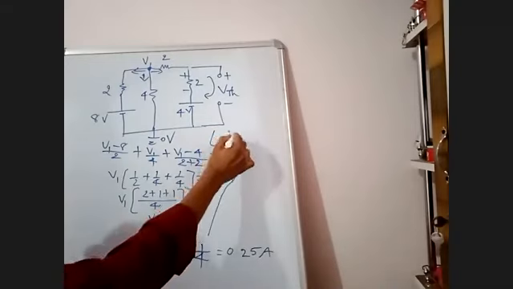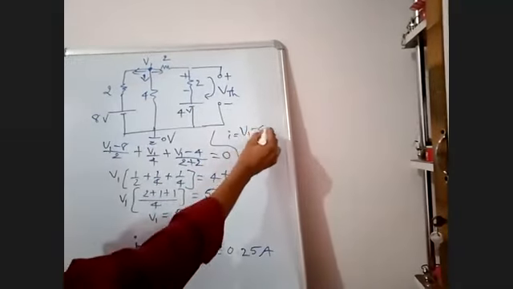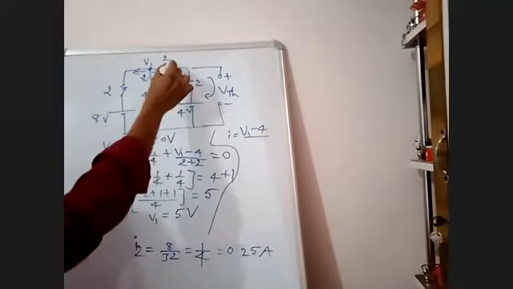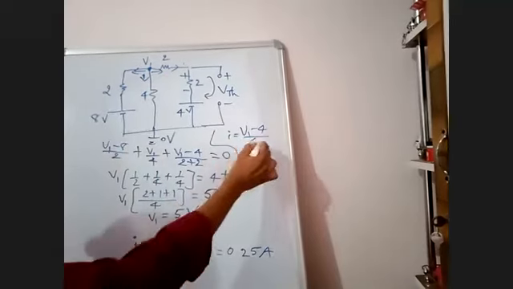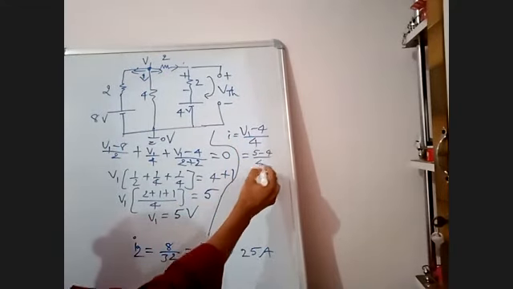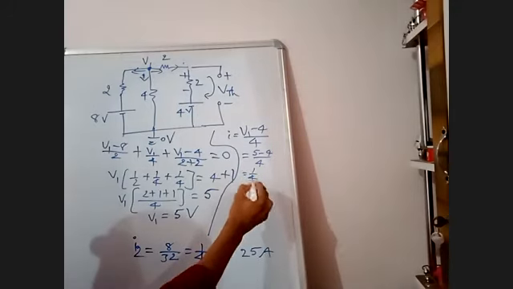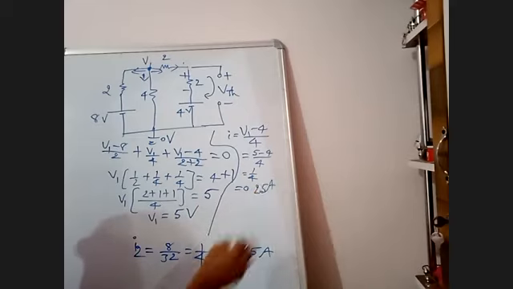Current in 2 ohms is equal to V1 minus 4 by, assuming the current in this as I, these two being in series, by 4. That is 5 minus 4 by 4, which is 1 by 4, 0.25. Same thing we got in mesh analysis also.